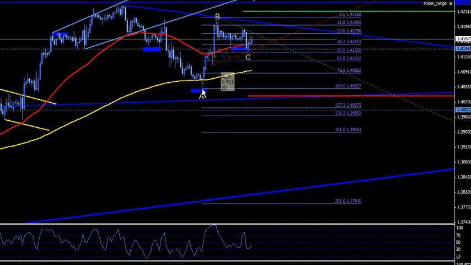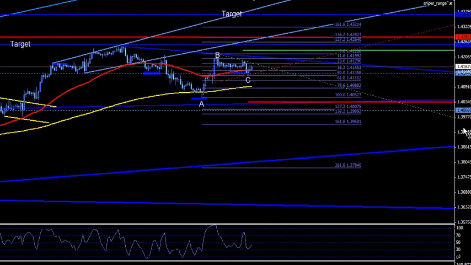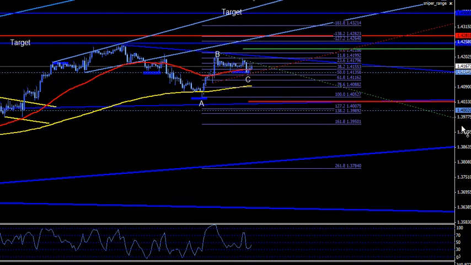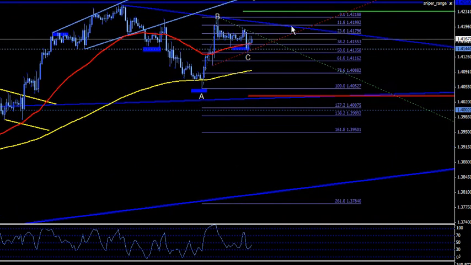Here's our inverse head and shoulders. That target is up here at 43.66. Here's the neckline. The reason I bought this trade last night is because we had an ABC to the upside off the 50% retracement.